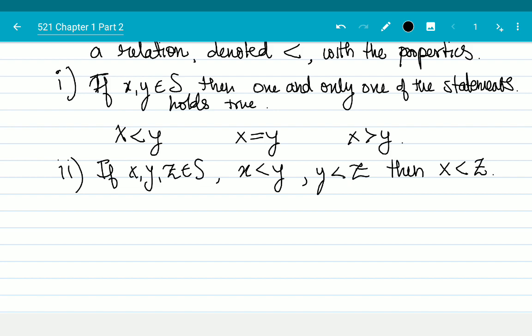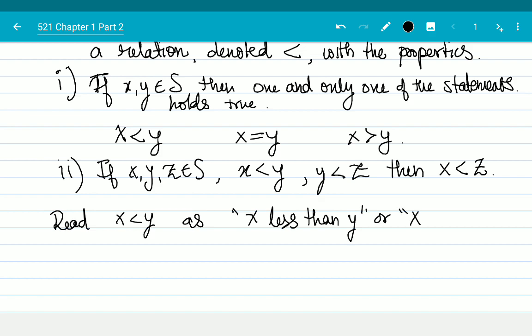We generally read x smaller than y as x less than y. Sometimes you use y greater than x, which is the same as x smaller than y.